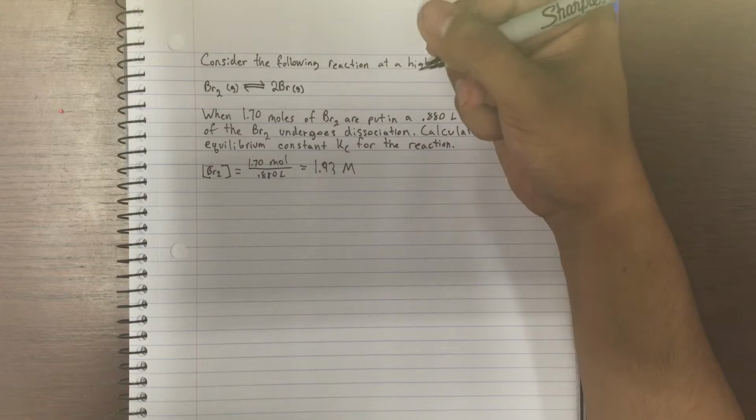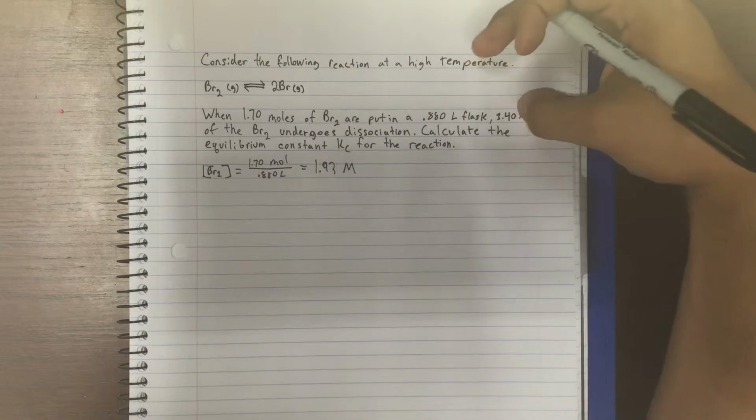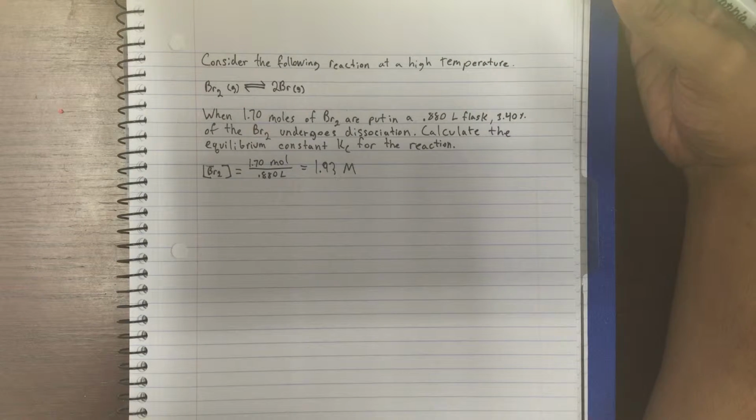And of the original 1.70 moles that we were given, 3.40% have dissociated. So now we're going to have to find the molar concentration of Br2 that has been dissociated.